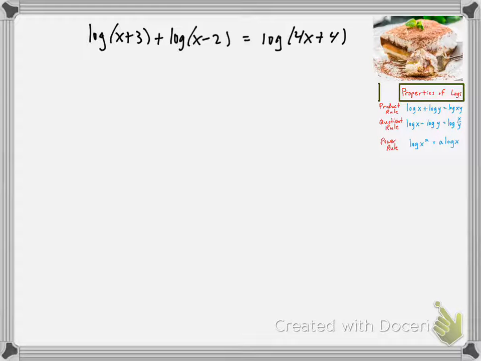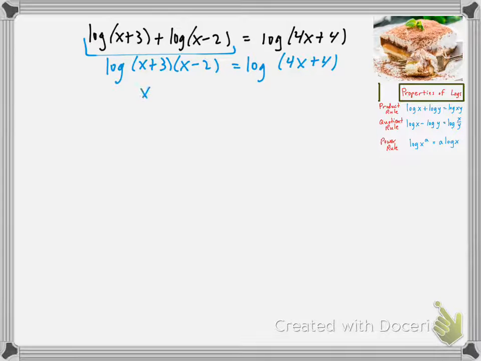And just like all the other problems, we want to combine the logs on the left side using the product rule. The sum of the logs is the log of the product. So that gets the left side as one log. The right side was already one log. And therefore, the arguments have to be the same. So x plus 3 times x minus 2 has to equal the other argument, 4x plus 4.